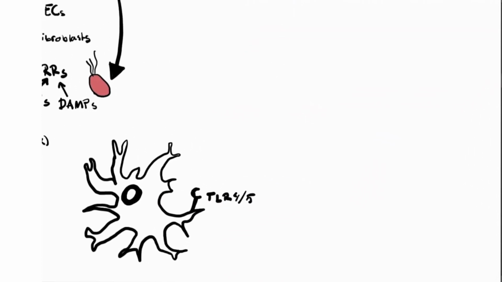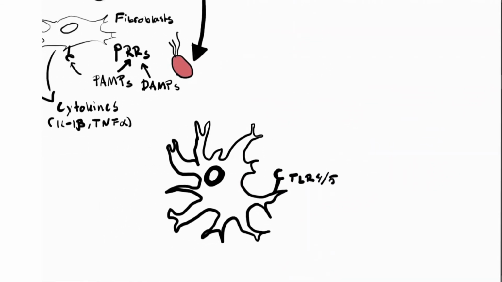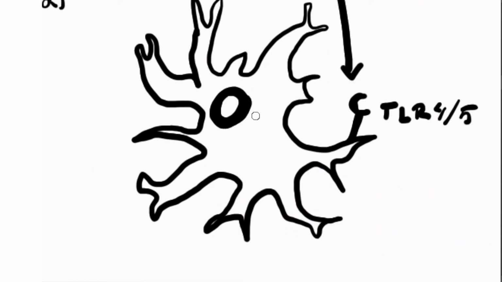But when our pathogen here is in the vicinity, products from it, precisely like in the case of the fibroblasts and the epithelial cells, products from the bacteria are able to bind to these TLRs to trigger a pathway called the NF kappa B pathway.